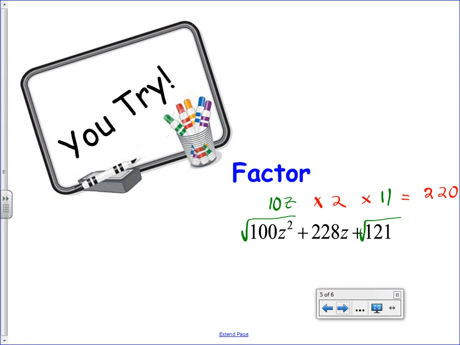What's my middle term there say? 228. Can I use this trick? No, I cannot. So you would have to factor this using decomposition if it's even possible. So this middle term would have had to have been 220, which, yes, I do think that was a typo in my note. It was supposed to be 220. So now we're going to pretend that that was 220.